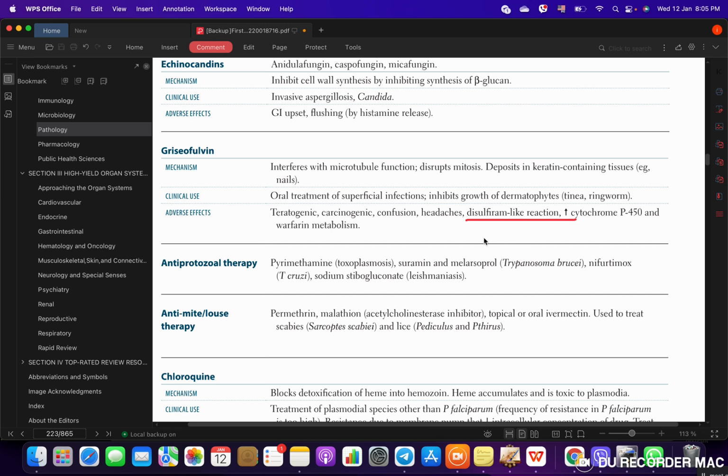If a drug has a disulfiram-like reaction, you should not consume it with what? Alcohol. And griseofulvin increases the cytochrome P450 and warfarin metabolism, which leads to a hypocoagulable state if someone is already taking warfarin.